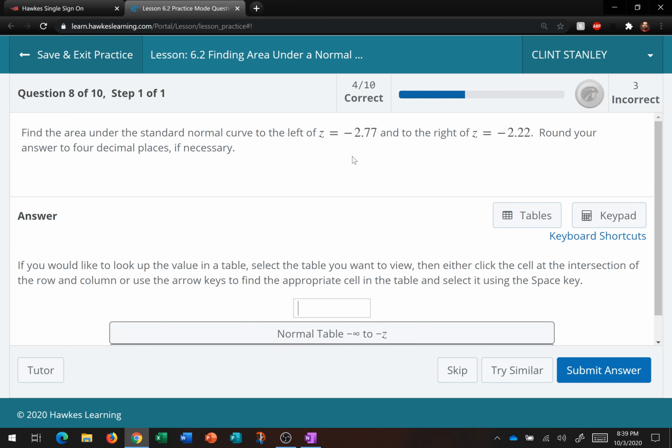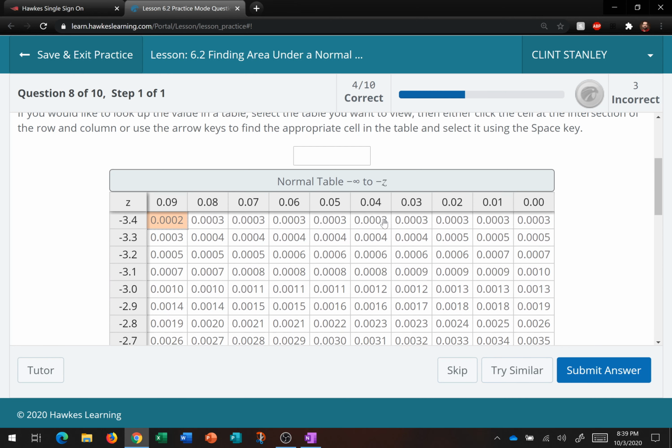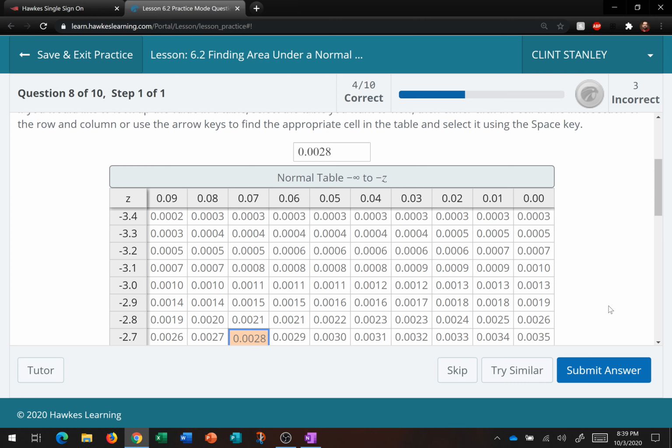All right, and then there's one more type of problem. That's what we call the area in the two tails. This one says find the area to the left of negative 2.77 and to the right of negative 2.22. This is really just like two problems put together. First we're going to find the area to the left of negative 2.77. So I'm just going to look at negative 2.77, which is 0.0028. I'm going to type that into my calculator to save it. Okay, so there's that area.